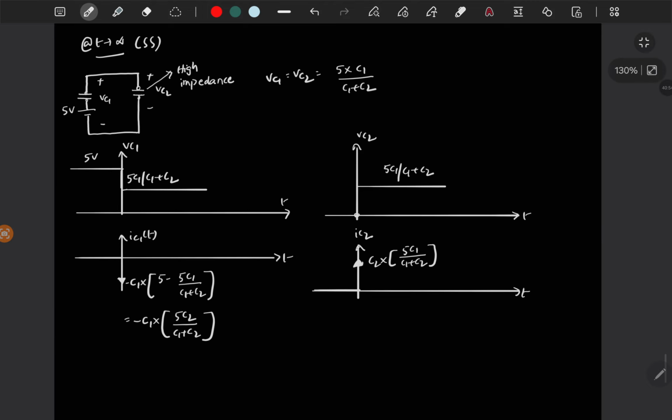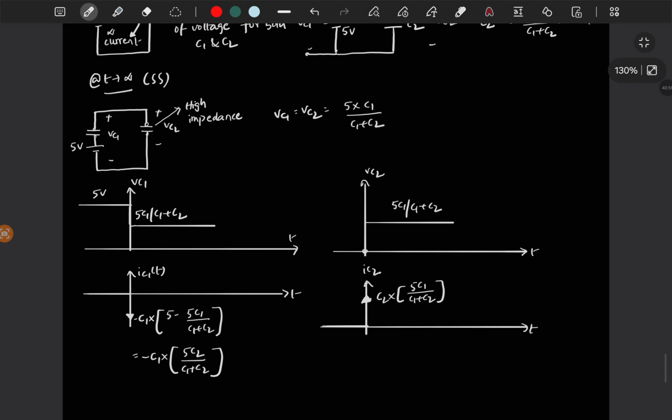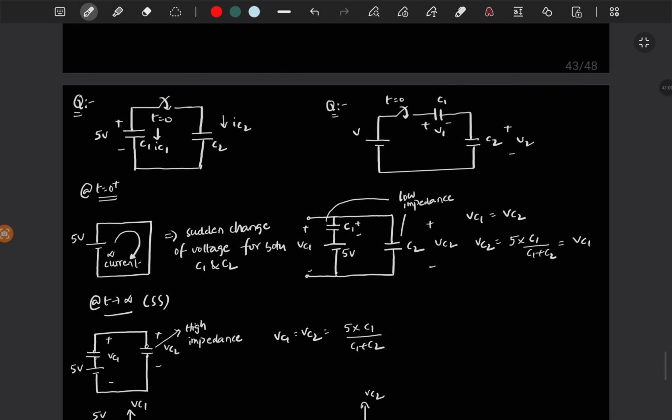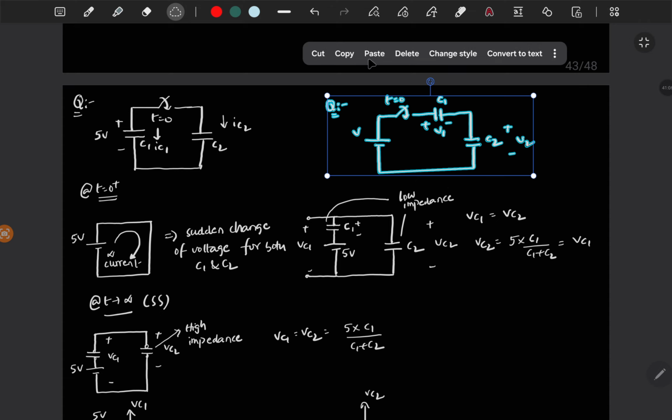So that is how that circuit will work, and we'll check this circuit.